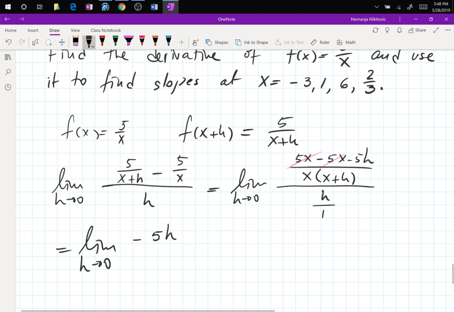Negative 5h over x times x plus h. And now h has dropped.